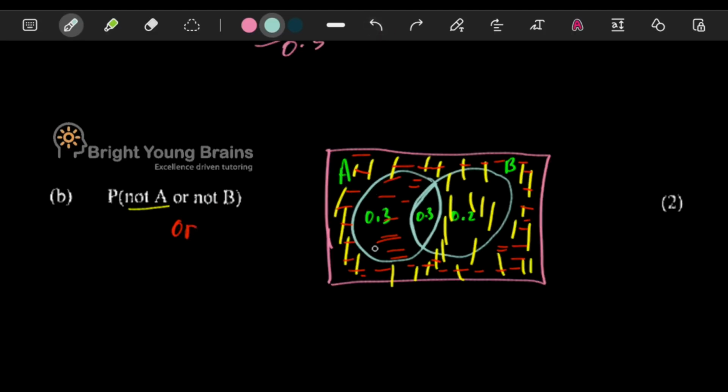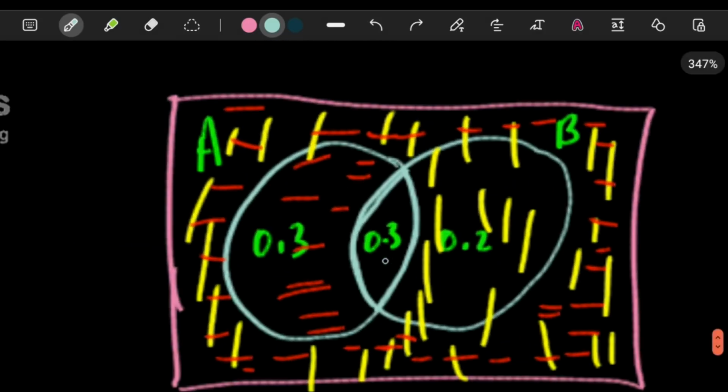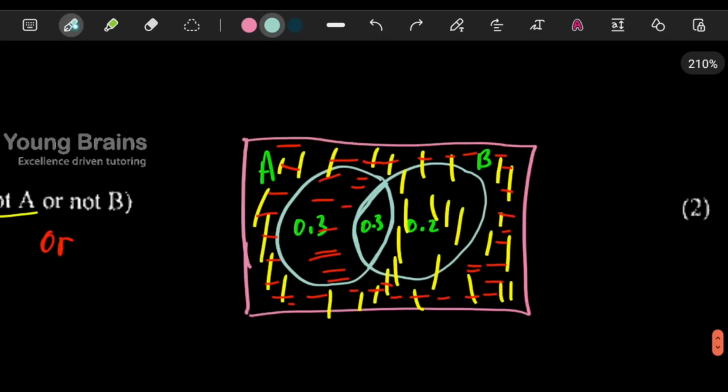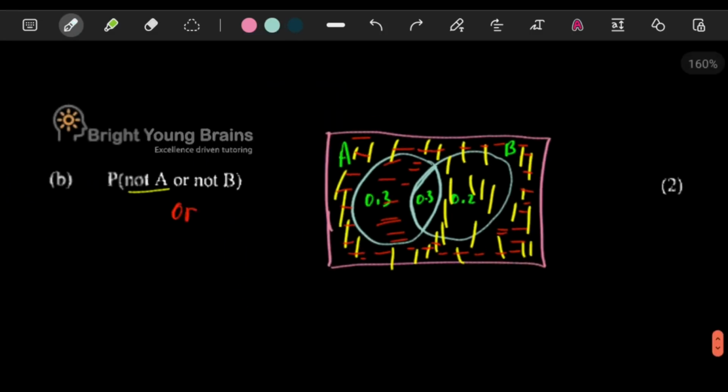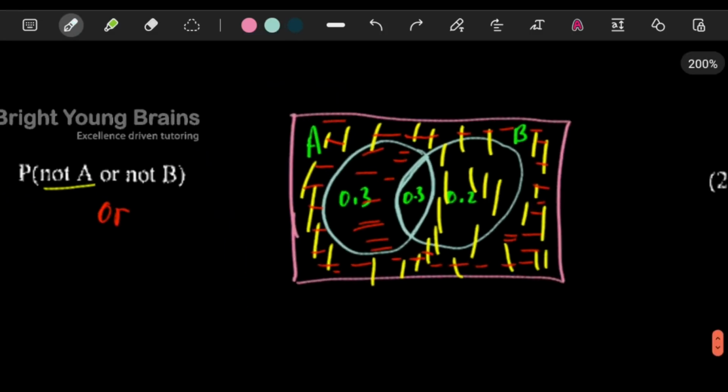So in our case, combining the yellows and the reds, the only thing that's left out is the 0.3 over there, and you have to remember that the probability of everything here needs to add up to 1. So if this is 0.3, this is 0.3, this is 0.6, plus this, that's 0.8. Outside here, it's like 0.2. Everything needs to add up to 1.